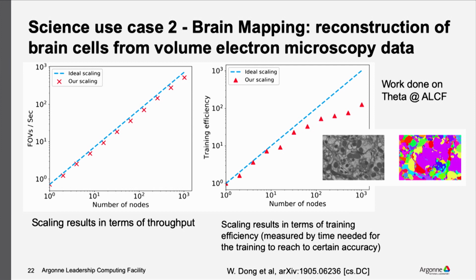If I increase the number of nodes, the number of samples I process per second increases in an ideal scaling way. But because I used a large batch size for a large number of nodes, it might require more epochs. So there is a degradation from the ideal scaling for this so-called training efficiency: training the neural network up to a certain accuracy.